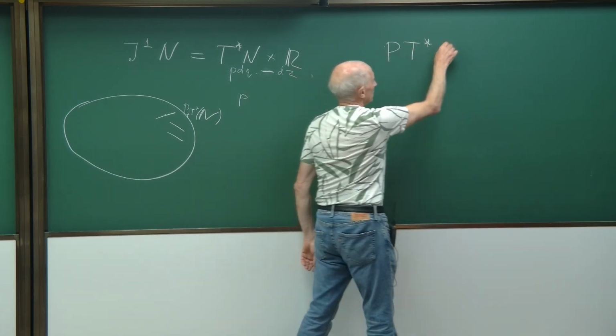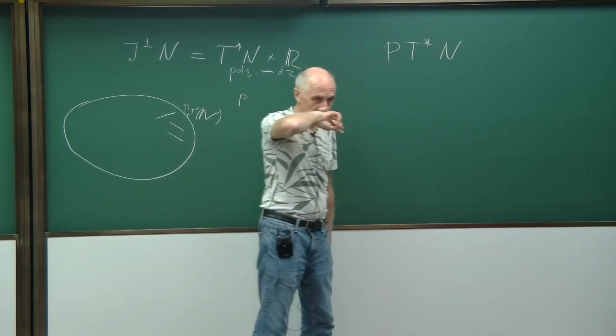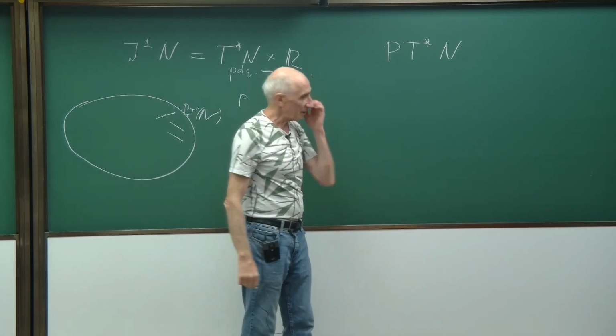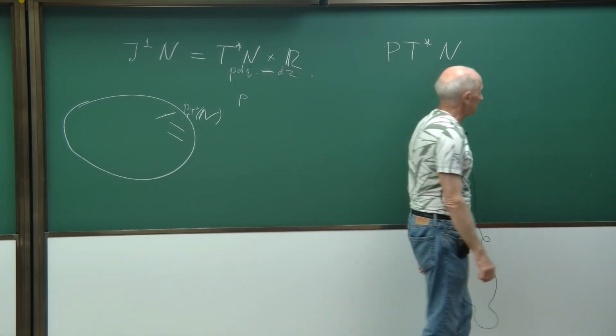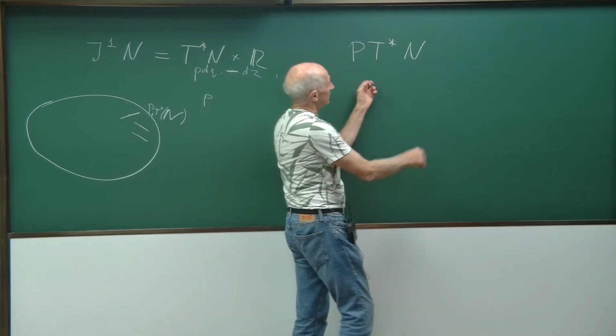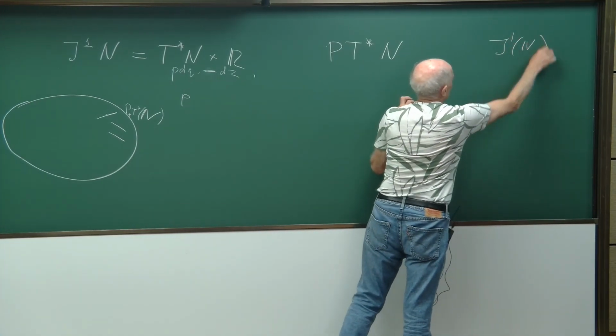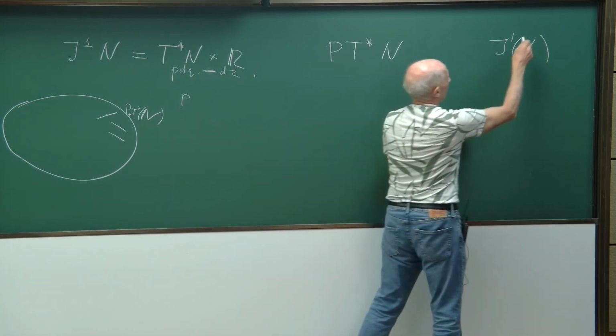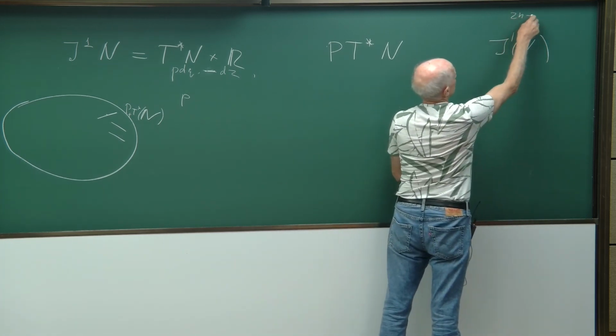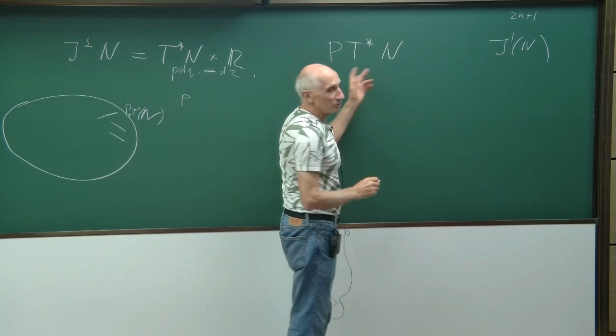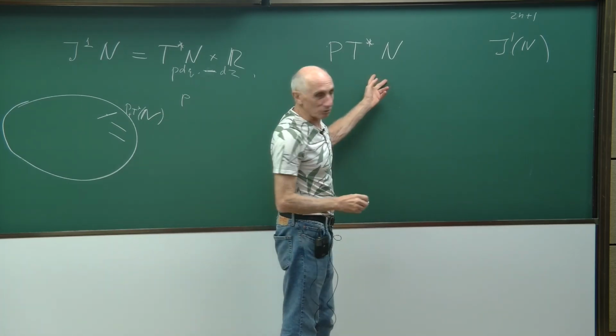The last thing which I would need is the relationship between the projectivized cotangent bundle and the one-jet space. The one-jet space of N has dimension 2n plus 1, and it cannot be the same because I have dimension 2n minus 1.